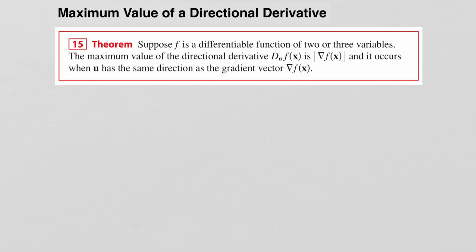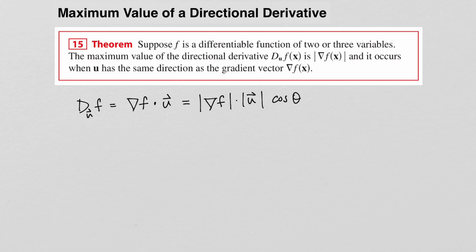We know that the directional derivative of a function f in the direction of u is equal to the dot product of the gradient of the function f and the vector u. But we know that the dot product of two vectors is also equal to the length of the vector gradient of f multiplied by the length of the vector u multiplied by the cosine of theta.